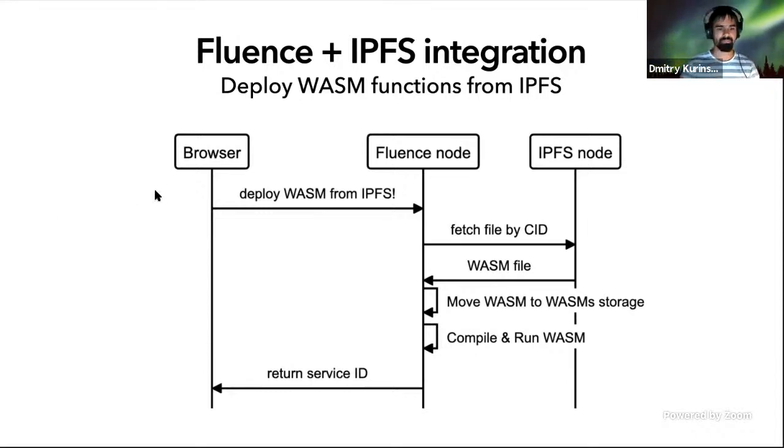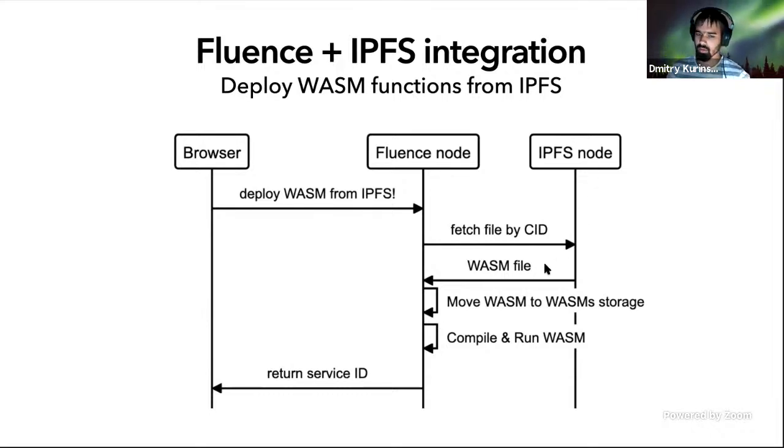What's going to happen? From the browser, I want to ask the Fluence node using an Aqua script to deploy a WebAssembly package that is fetched from the IPFS node. The Fluence node will go to the IPFS node and fetch this file by CID.